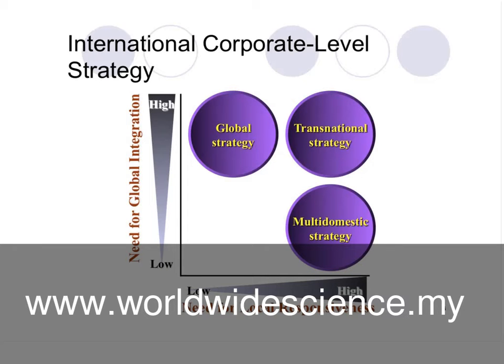And also transitional strategies, when you're transitioning, you would still need to be very much aware of and concerned about local responsiveness. But for transitional, because you're transitioning towards the global, your level of global integration will be much higher as well. So it just shows you where they stand. To understand what they mean and how they're different, this chart is really helpful and sort of pictures where you stand.